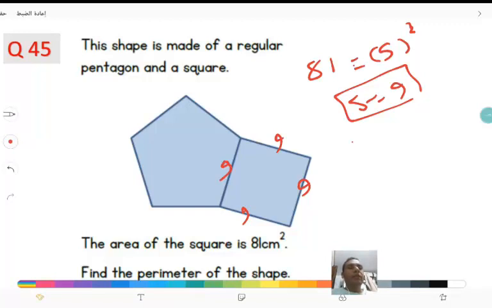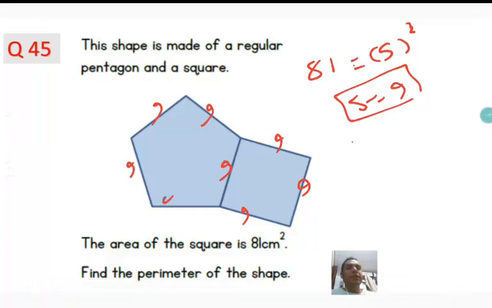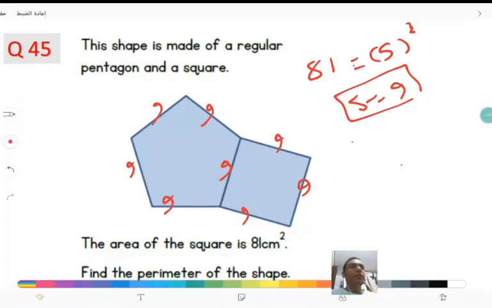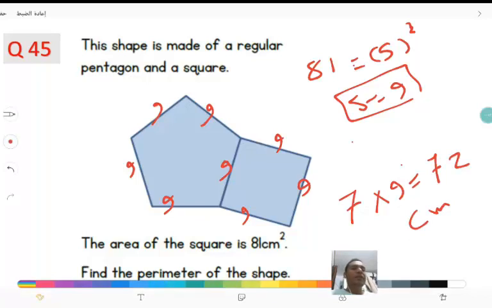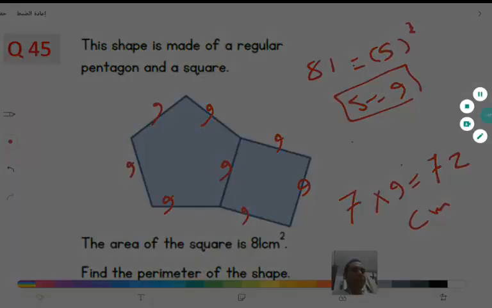That means all the side lengths in this diagram are 9 centimeters. Find the perimeter of the shape. It will be 7 times 9, which is 72 centimeter, because we have 7 outside lines. Each one is 9. 7 times 9 is 72 centimeter.